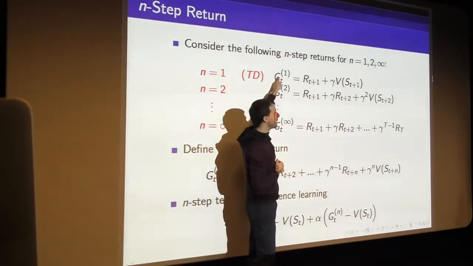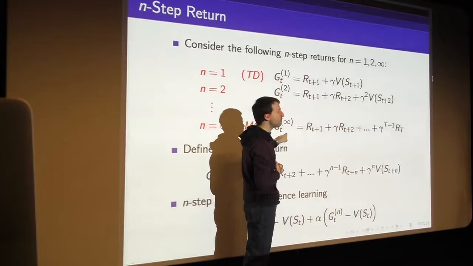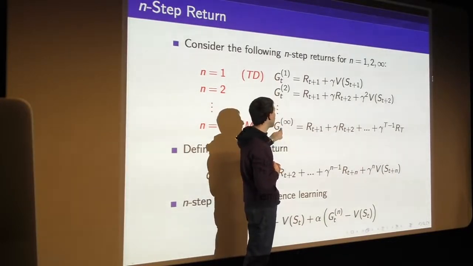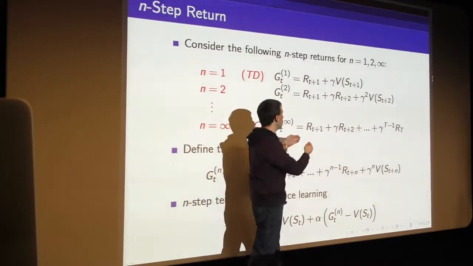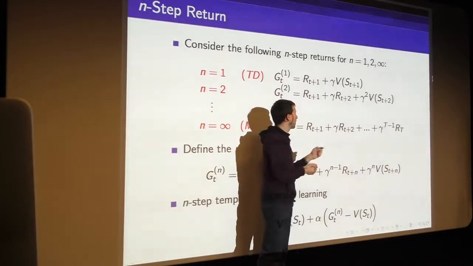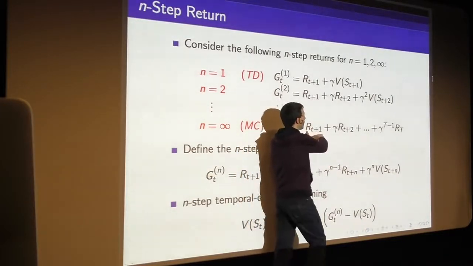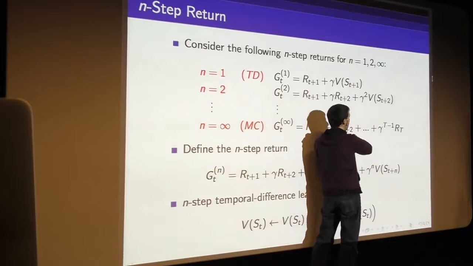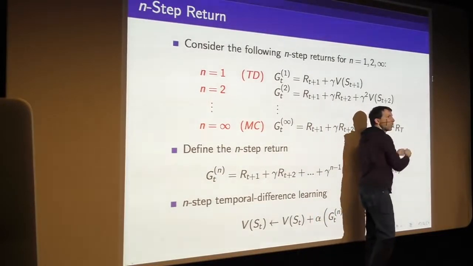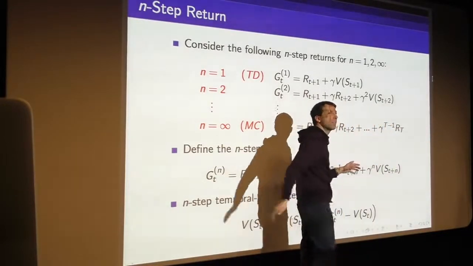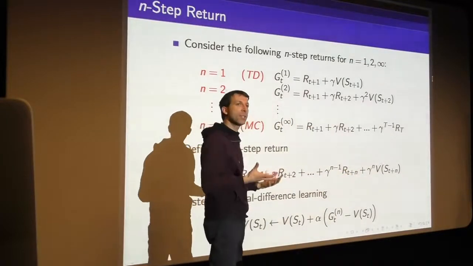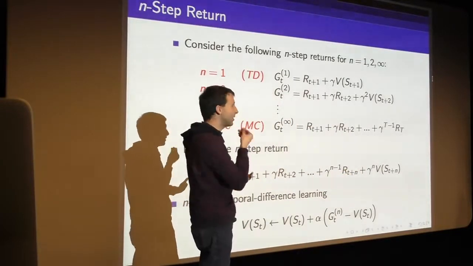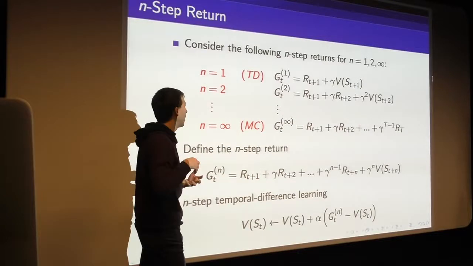So we start off with TD0 here, and we get all the way to Monte Carlo here. The reason we get to Monte Carlo is because for G infinity, we use all the steps of the real environment. We look at our real reward plus our discounted real reward at the next step, all the way until the end of the episode. We're just looking at the real rewards of what actually happened in that trajectory, and that's exactly what Monte Carlo does. It looks at these real quantities and it uses those as our targets.